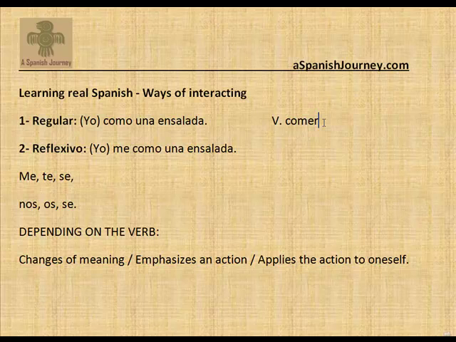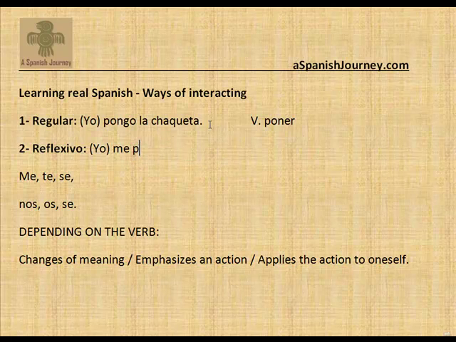So let's try one with applying the action to oneself. I'm going to use the verb poner in this case, and I'm going to say yo pongo la chaqueta. I put the jacket. Okay, that's the only meaning of that sentence. And if I say the same thing using the reflexive pronoun, what I would be saying is I put on the jacket.